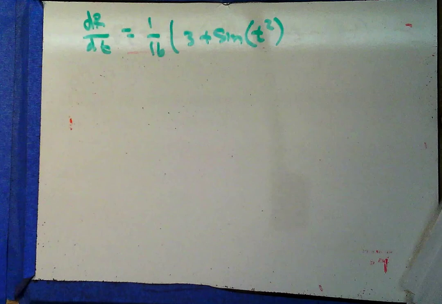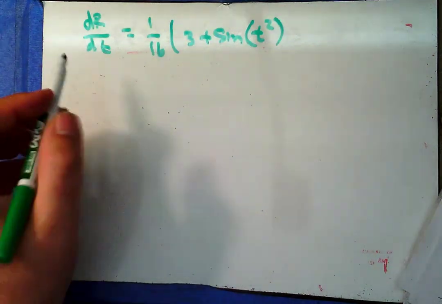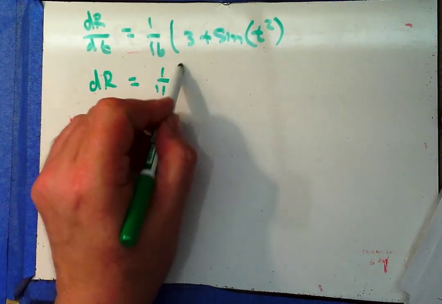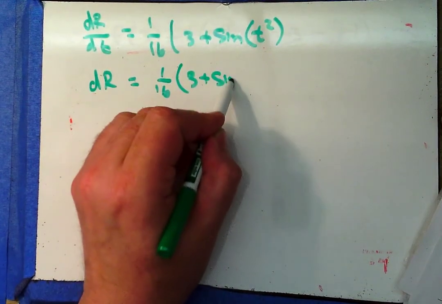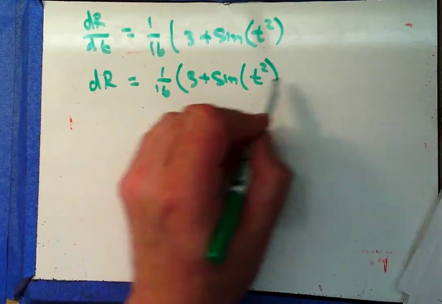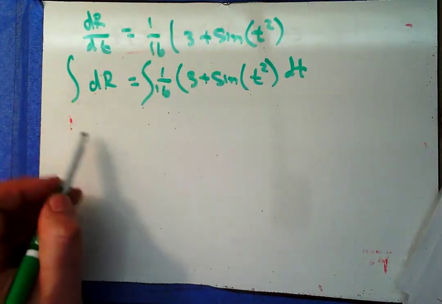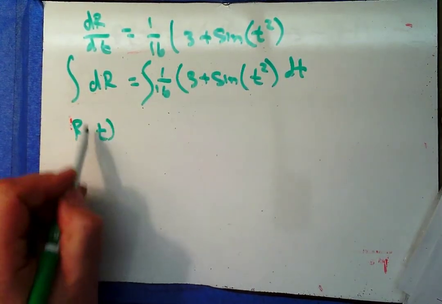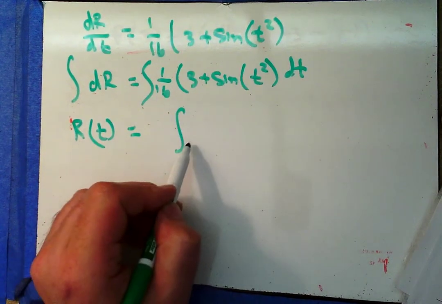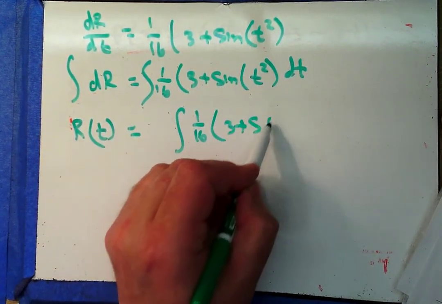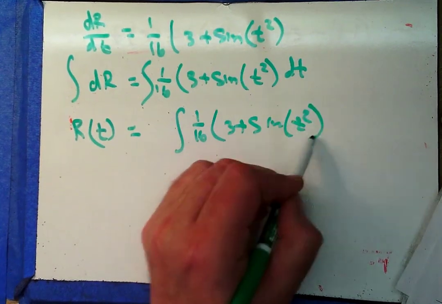Okay, and write an expression involving an integral for the radius r. So if I do my separation of variables, 1/16 times 3 plus sine t squared dt, and then I integrate both sides, I get that r of t equals the integral of 1/16 times 3 plus sine t squared dt.